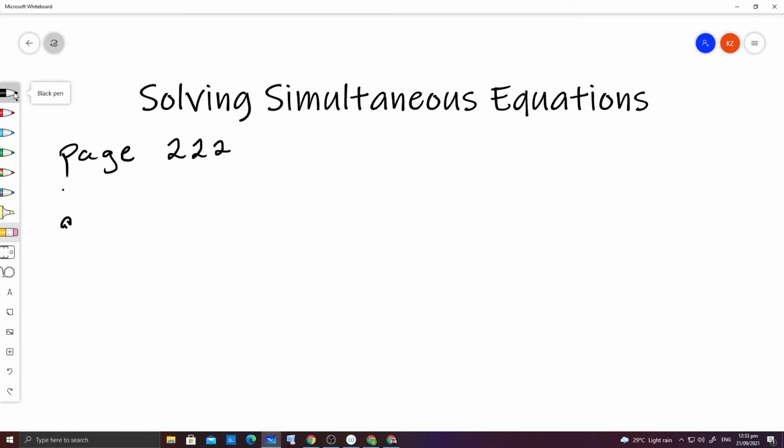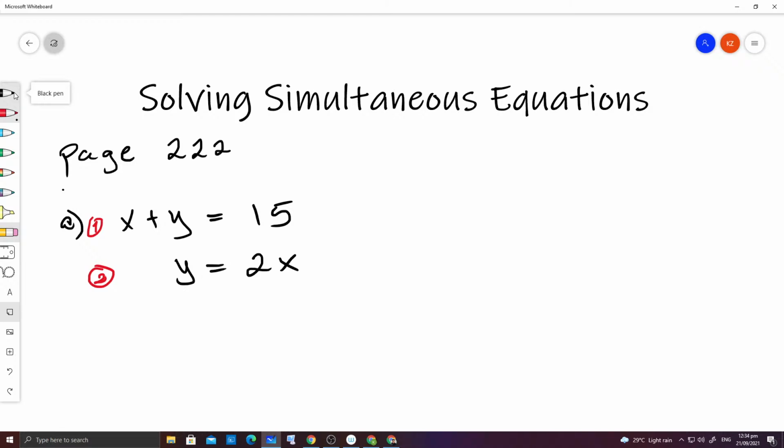For letter A, x plus y equals 15, and y equals 2x. Now we have to find the value of x and y. We can name this as equation number 1 and this as equation number 2. Since the second equation tells that the value of y is equal to 2x, I can substitute this into equation 1.